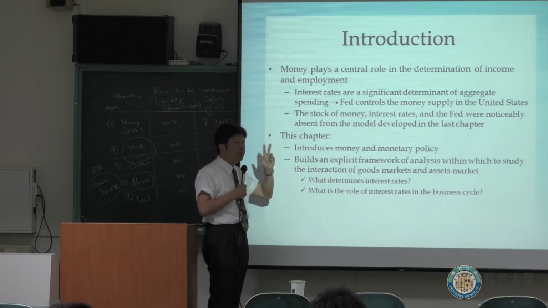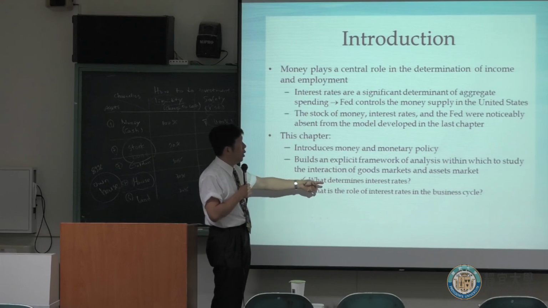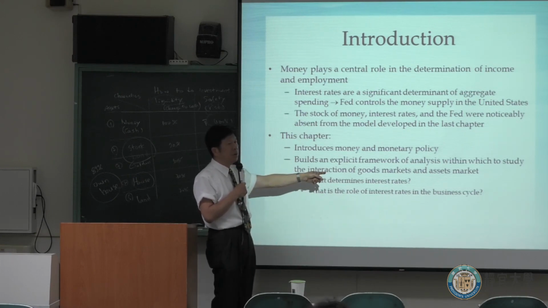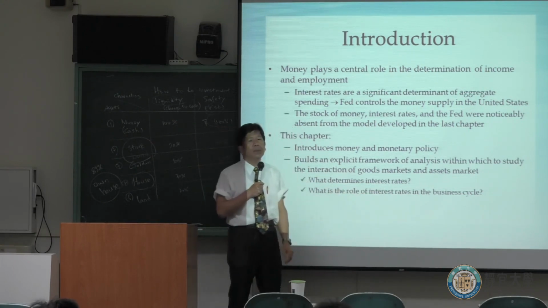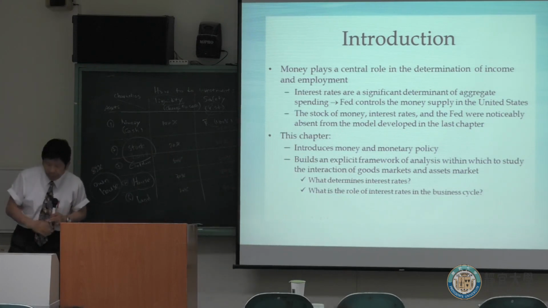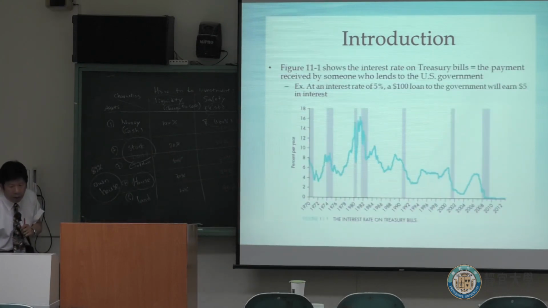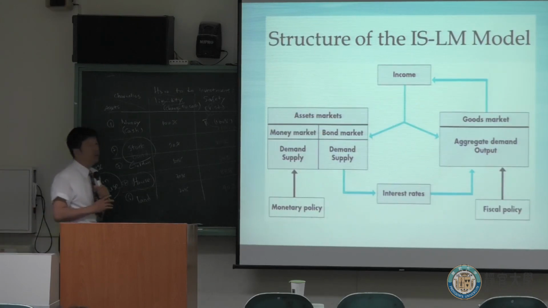There are three different stories. And what is the role of the interest rate in the economic system? Interest rate is actually very important in macroeconomics. So here we try to see this structure.